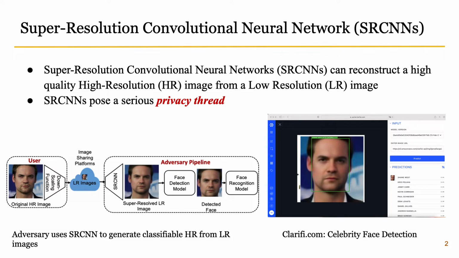As an example, we use SRCNNs to generate a high resolution image from a very low resolution face image and then gave it to the face recognition model of clarifai.com. As shown in this figure on the right side, the face recognition model recognizes the face correctly.